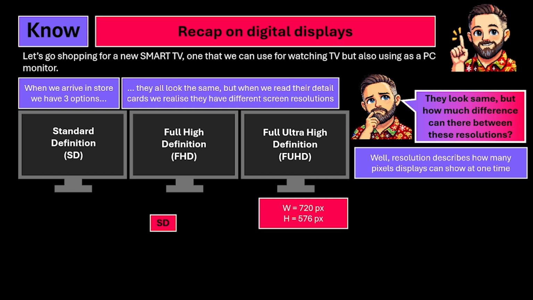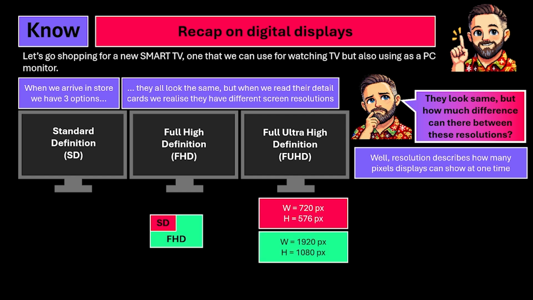If we compare that against full high definition, the size is 1920 by 1080, and that's roughly 4 times the size of standard definition. For a long time it had been the main screen size, and most phones fall within this boundary and the next.